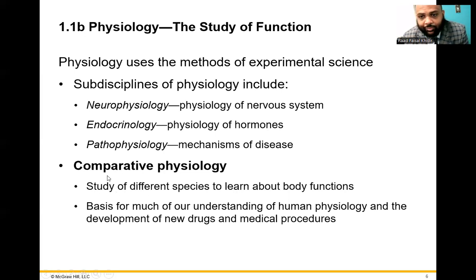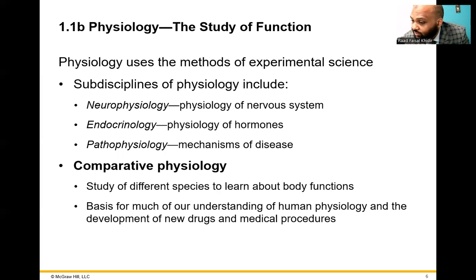And then we have comparative physiology, and that is we study different species, and that's how they were able to find out that human beings and chimpanzees, as far as DNA is concerned, have a very close lineage. We and the chimpanzees are closer to each other than the chimpanzees are to the gorilla.